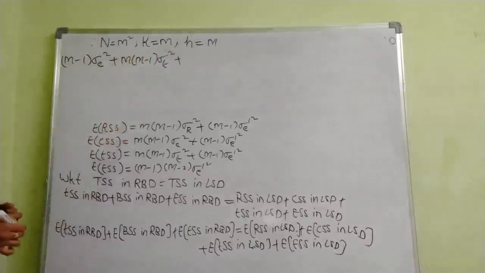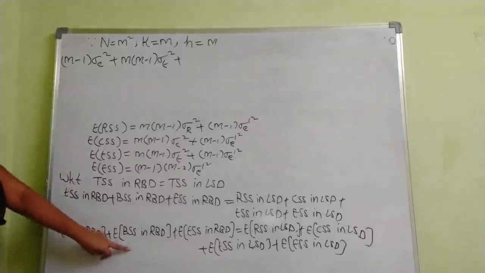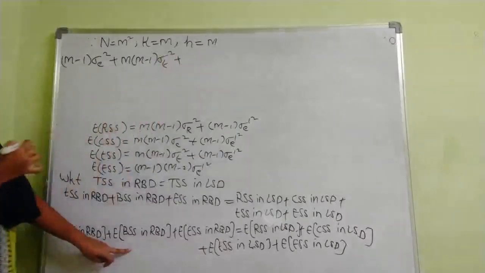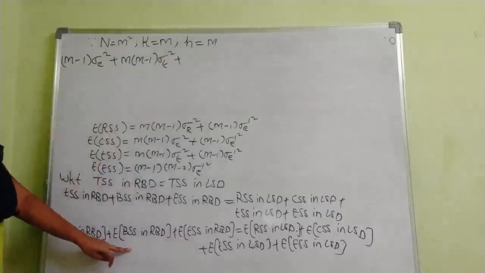This is only the treatment sum of squares. Next, plus the block sum of squares value, which is (h minus 1) sigma E square.